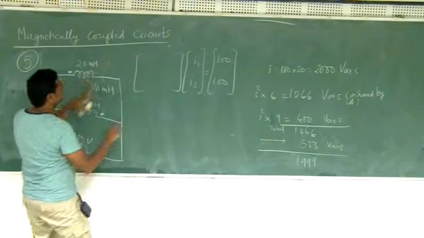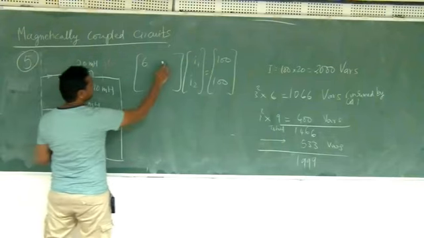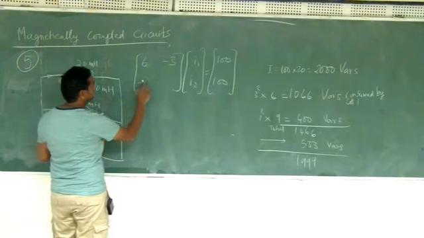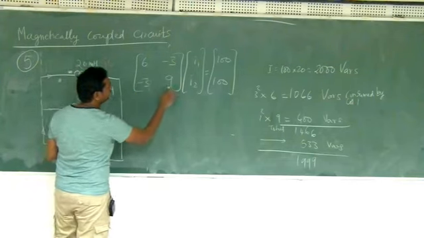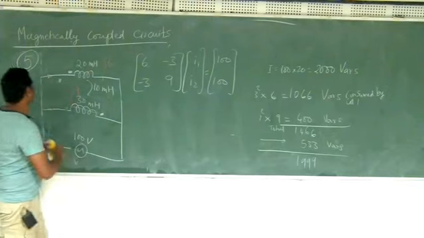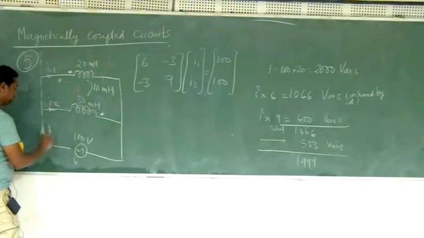So 6 into I1, minus 3 into I2, then again minus 3 into I1 and then 9 into I2. So that's all will be the change. So to find out I1, I2, this is I1, this is I2, this is I.